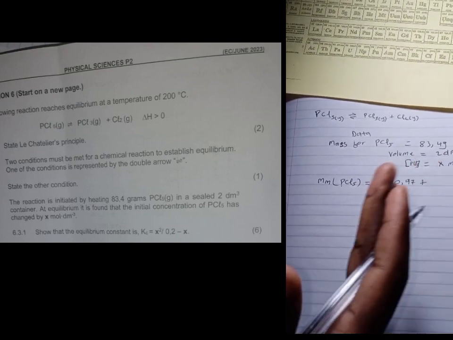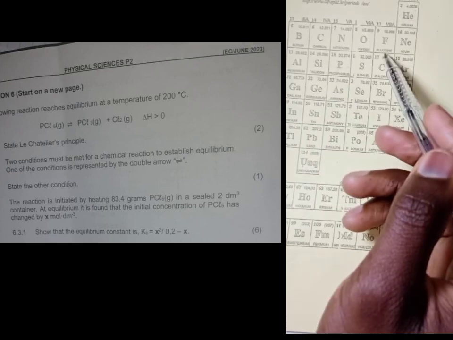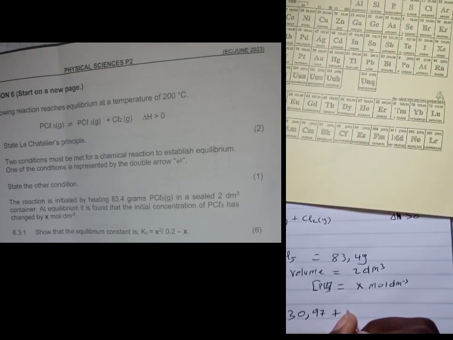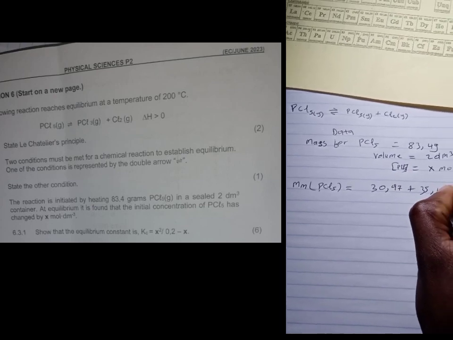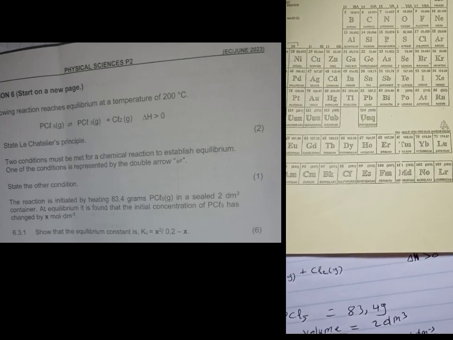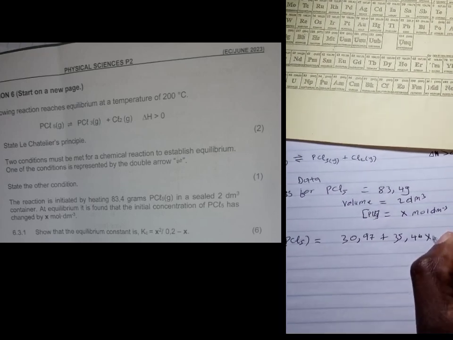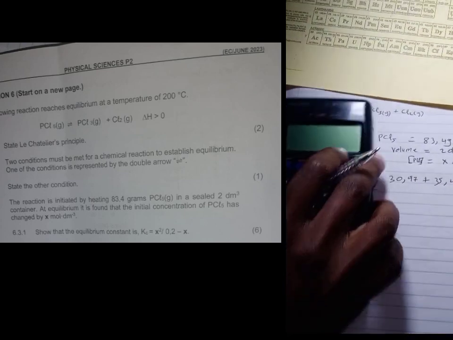That means it's chlorine times 5. So we check in the periodic table the molar mass for chlorine, which is 35.46 times 5 because of this number here.